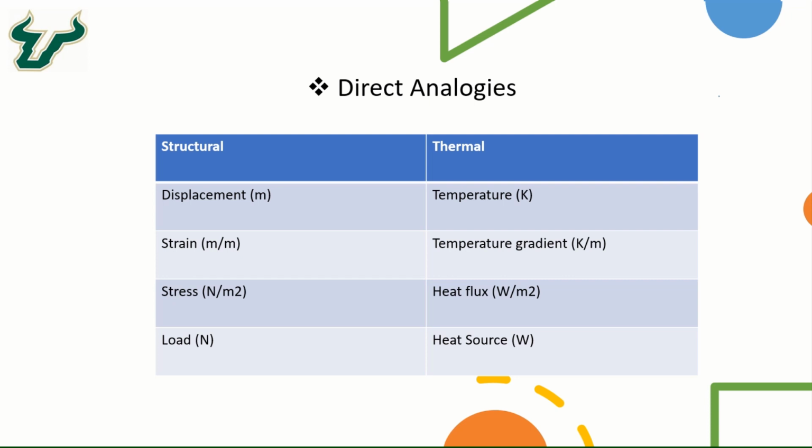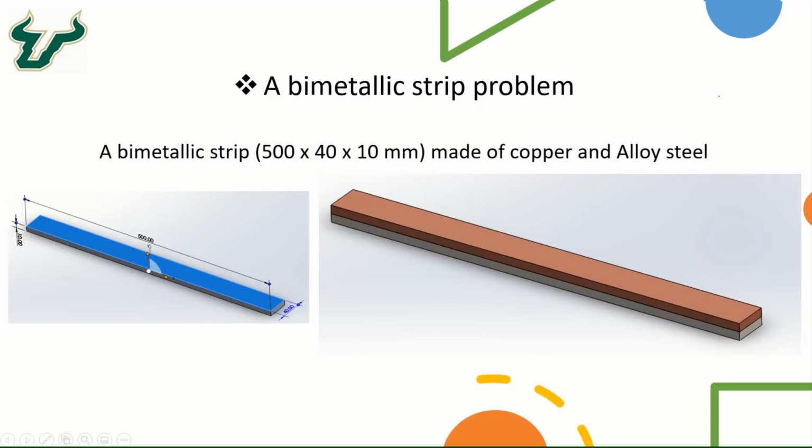Okay, so let's take a look at the problem on the bimetallic strip, and what we're going to do here is find out the deflection of the bimetallic strip because of the presence of high temperature in the environment.